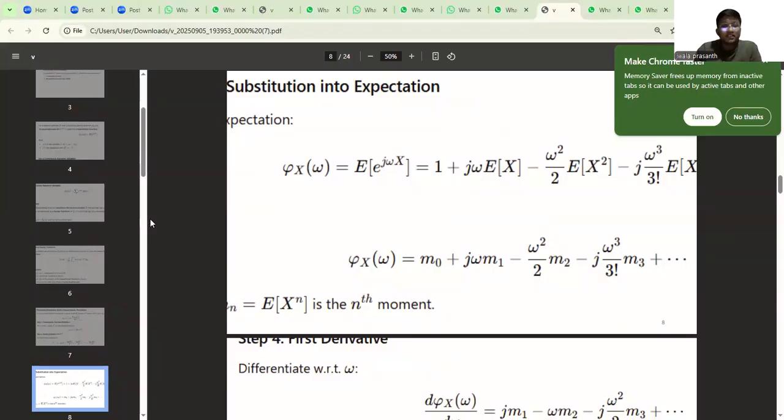Step 3: taking expectation. Phi X of omega is equal to E of e power j omega X is equal to 1 plus j omega E of X minus omega square by 2 factorial E of X square minus j omega cube by 3 factorial E of X cube plus so on. Phi X of omega is equal to m0 plus j omega m1 minus omega square by 2 factorial m2 minus j omega cube by 3 factorial m3 plus so on, where mn is equal to E of X power n, the nth moment.